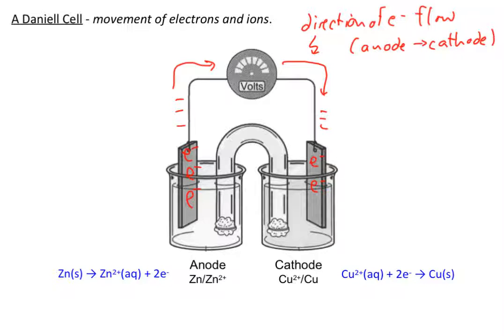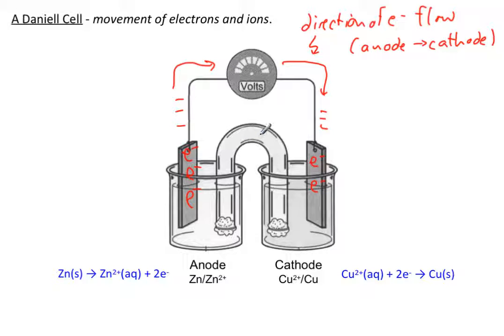Now the other thing we have to look at is ion movement, because if we did not have this salt bridge here, we would get no current, no electron flow, because we would very quickly get polarization, or a very rapid buildup of negative charge. And once you have that rapid buildup of negative charge, electrons will not flow. So we have to overcome that.